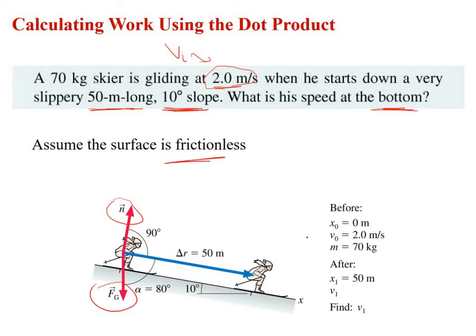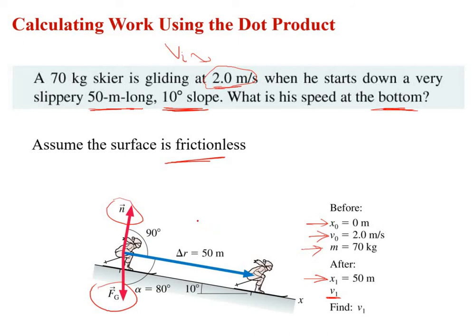For the quantities given, you can choose your own axis, so wherever the skier starts, you can choose that as the origin. Initial velocity is 2 meters per second. Mass is 70 kilograms. The displacement x1 minus x naught is going to be 50 meters, and you have to find the final velocity.